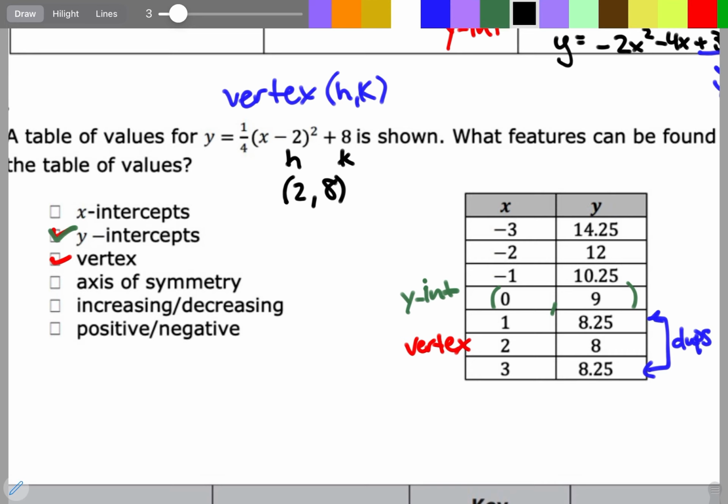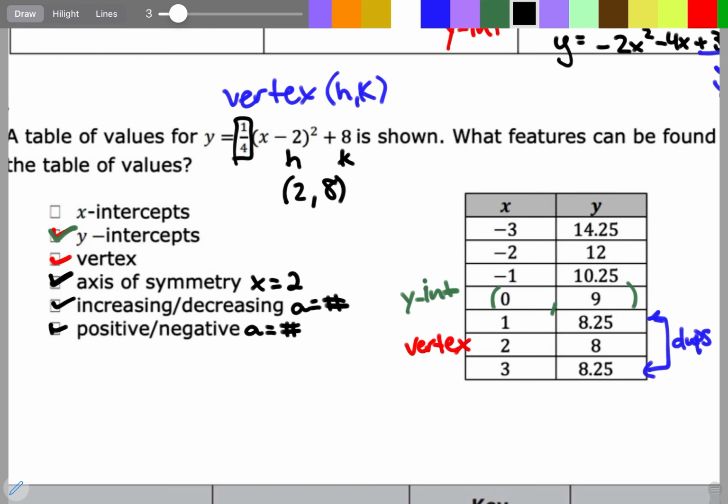Also, if you have a vertex, you have an axis of symmetry: x equals 2. Whether this is increasing or decreasing or not, we'll know that by the a value, which we have up here. This is the a value. Positive and negative, yep, we know that much based on the a value.